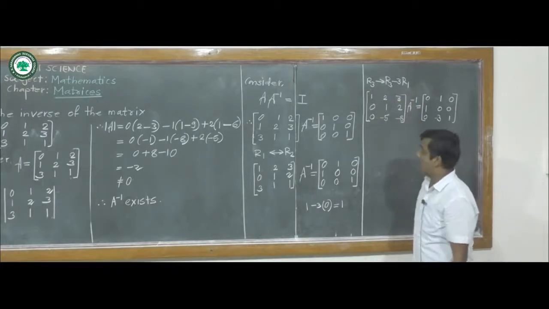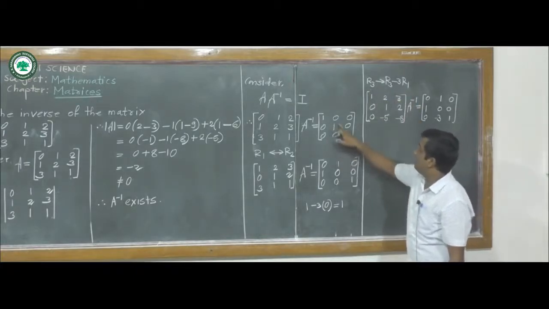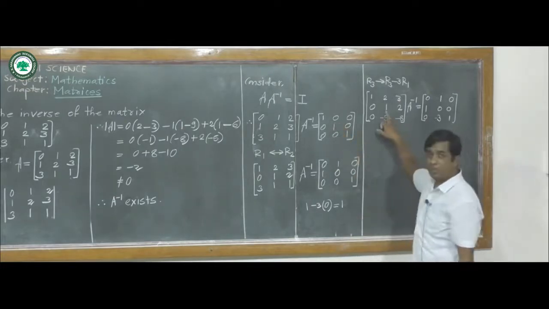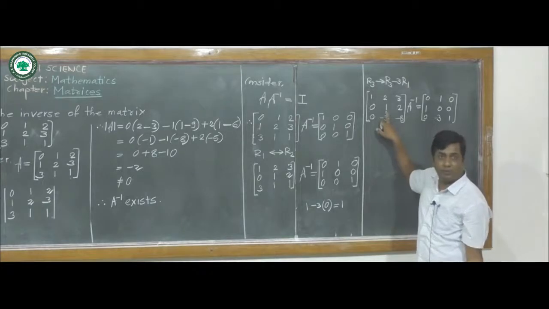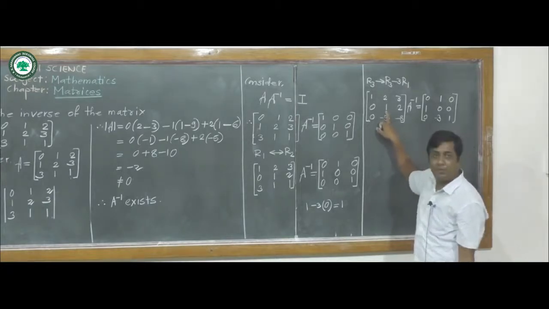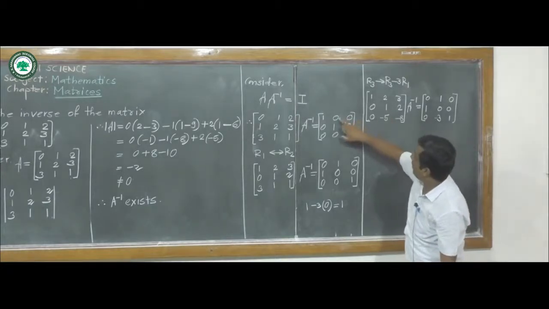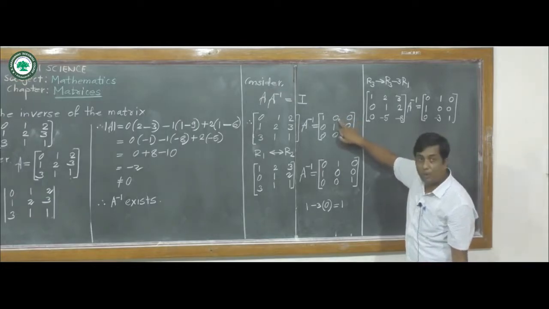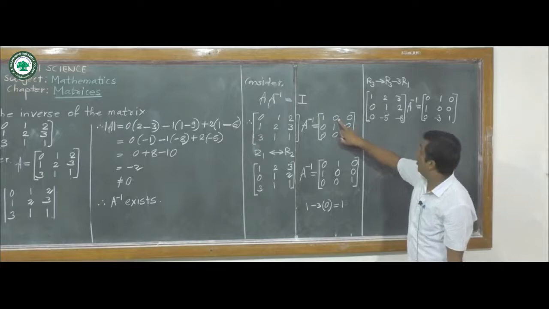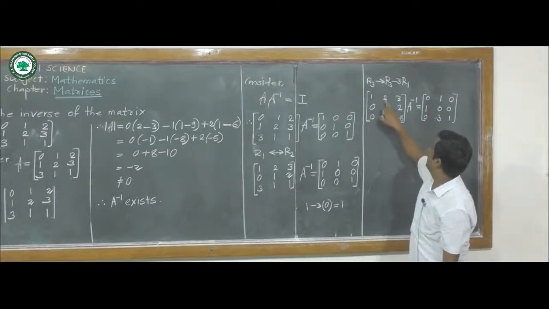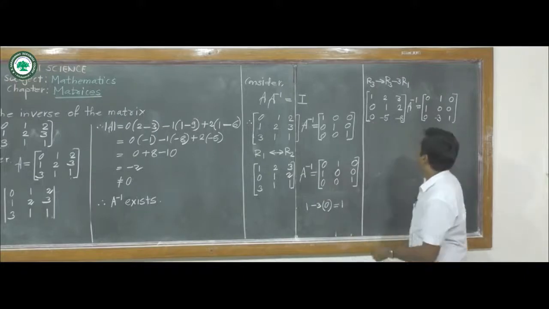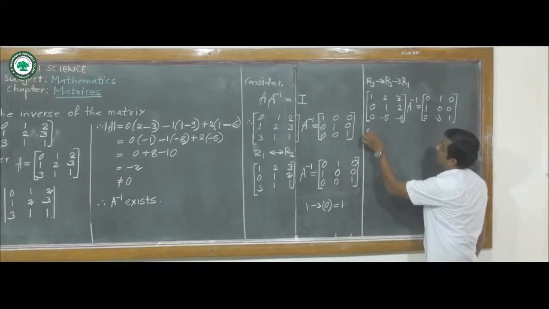Now in the next step, in the middle position, that is in the position of A22, we want 1. Here we already have 1. Now we go with the next step. Here in the position of A12, we want 0. Here we have to reduce this 2 to 0, and to reduce this to 0, we consider the transformation.